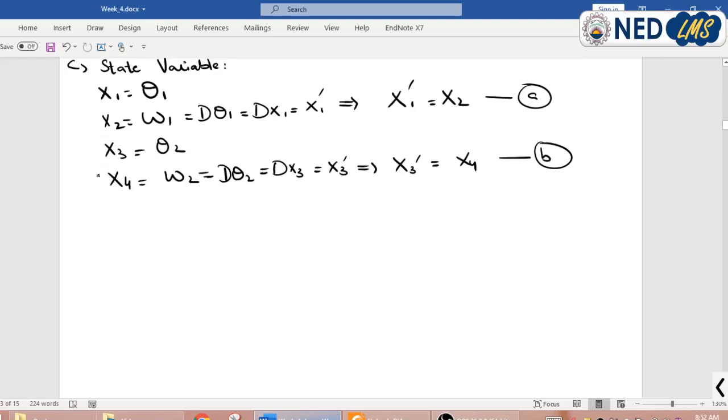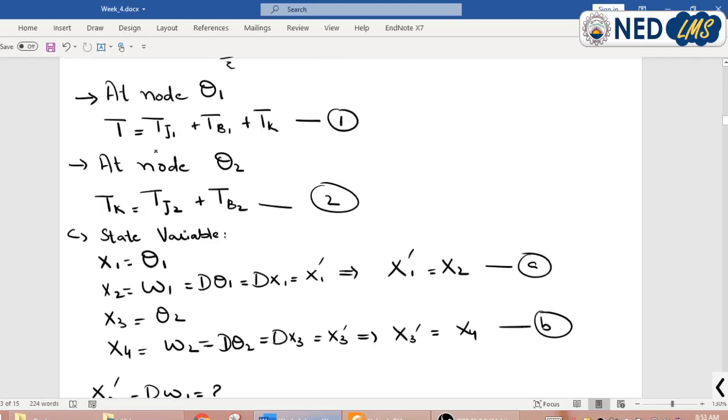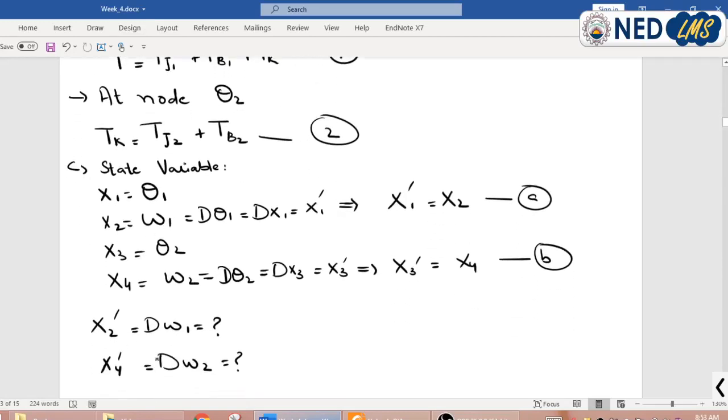And now we want to find x4 dash and x2 dash. What we want to evaluate is x2 dash, which is d omega 1, and x4 dash, which is d omega 2, and we do not know them yet. So using equations 1 and 2, which we evaluated earlier, we can evaluate d omega 1 and d omega 2, meaning x2 dash and x4 dash.